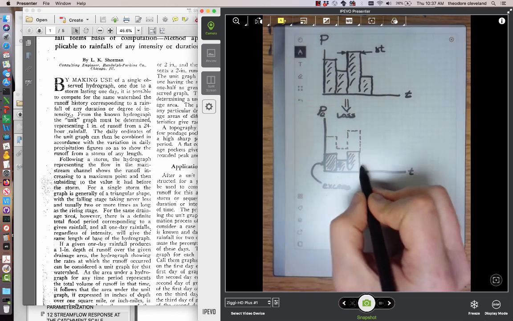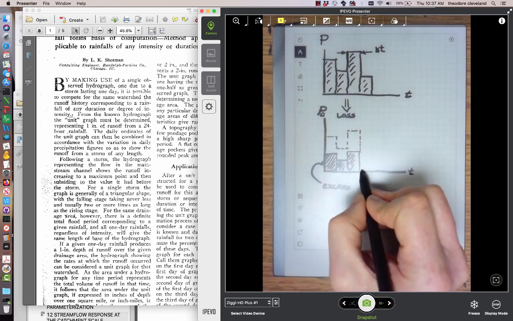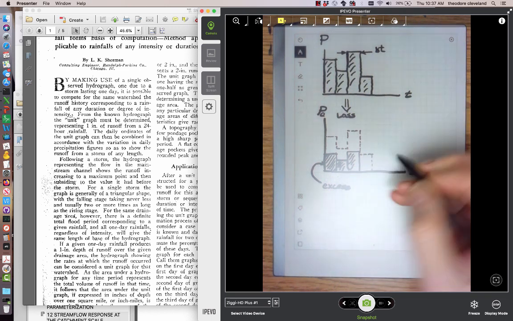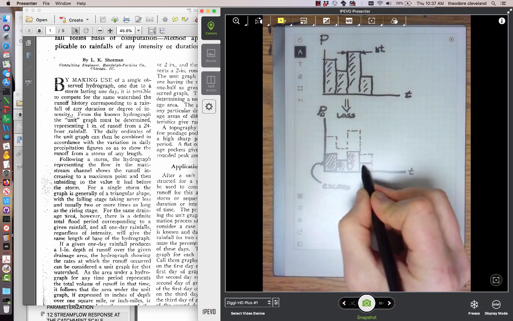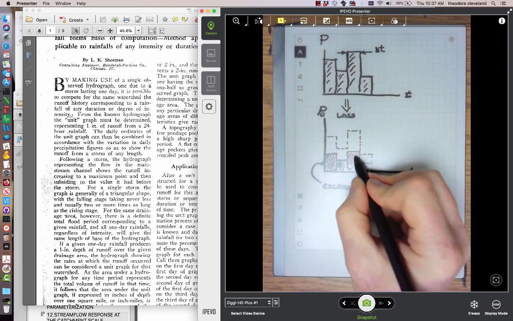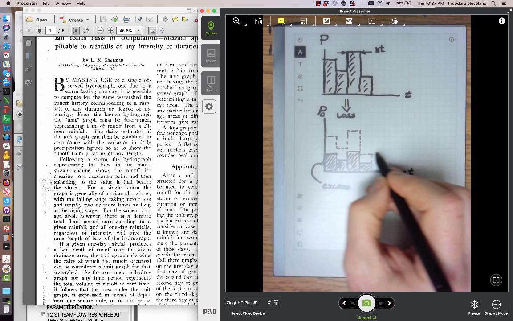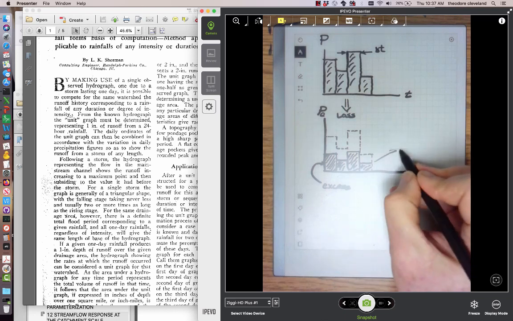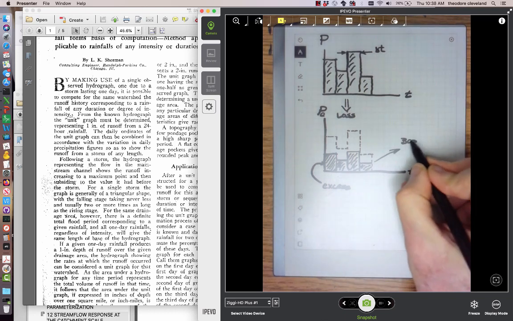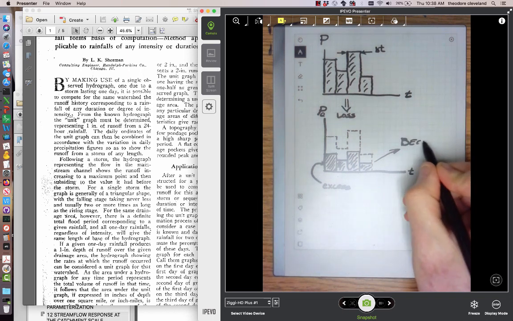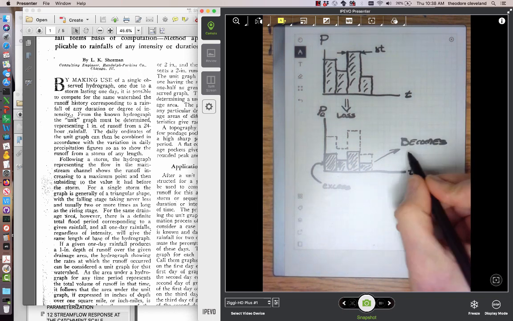Go to our final block. Would be that, but we lose half. So now the shaded area, that's our excess precipitation signal. This is what can become streamflow.